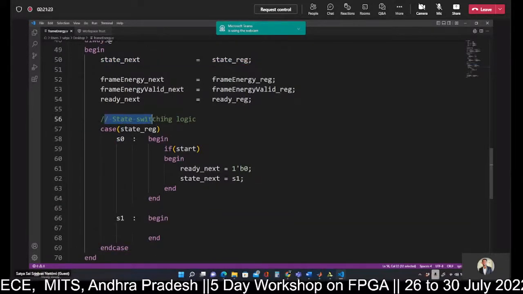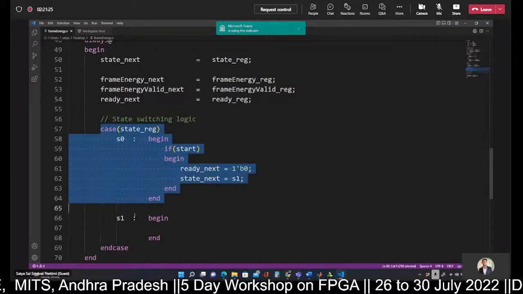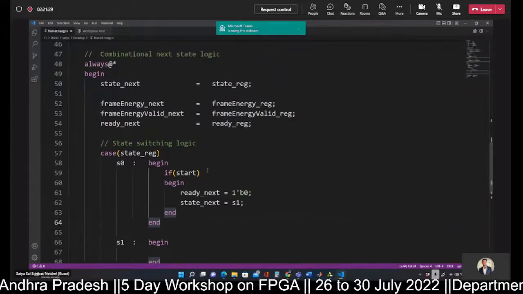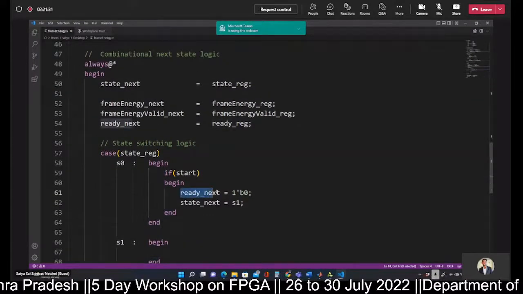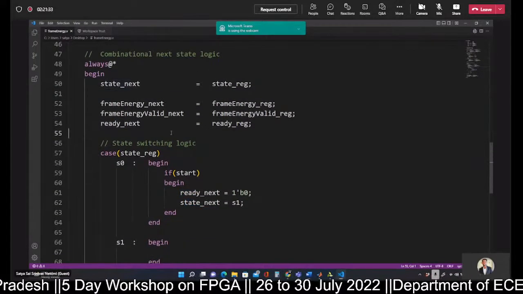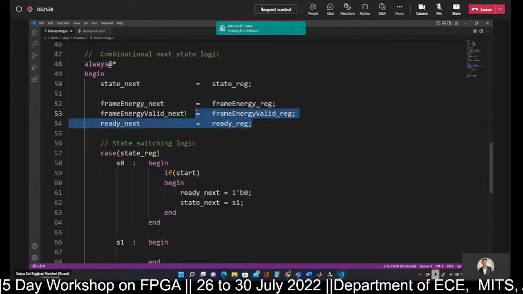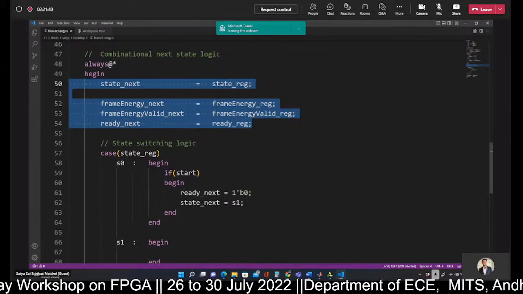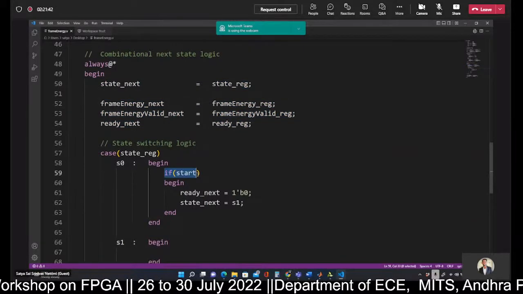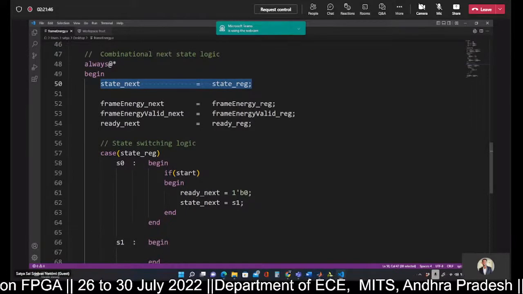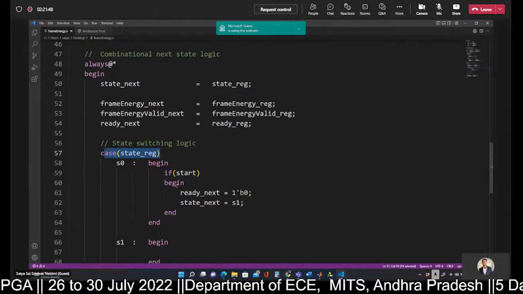And in the state switching logic, we have defined all the state switching activity. Whenever the state switching activity is not happening, or whenever any of these next state logic is not updated, it will take whatever default values we have written on top. So if start is coming, then this will not come into effect. Why? Because state switching becomes activated.